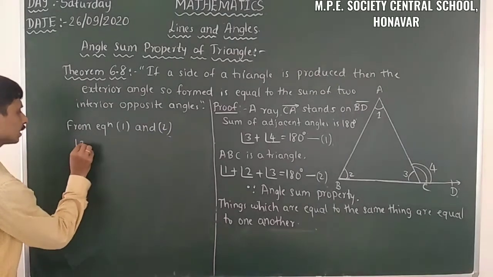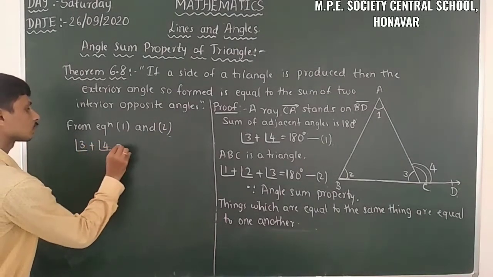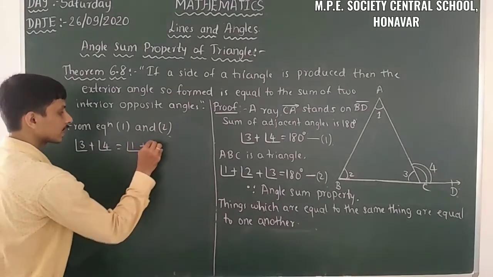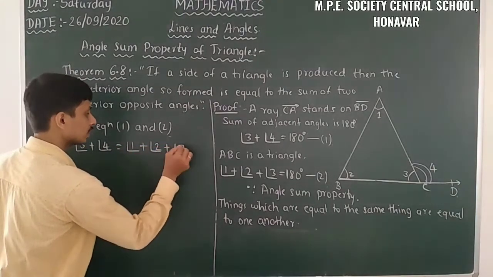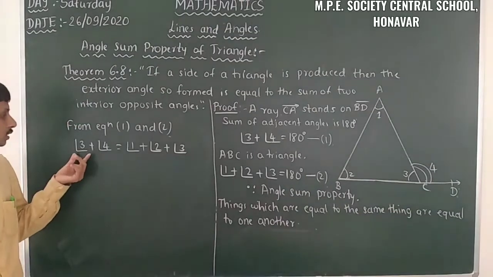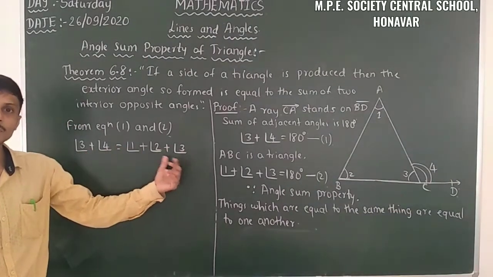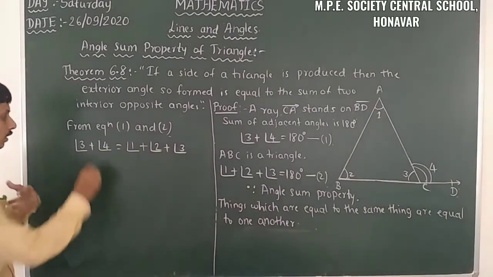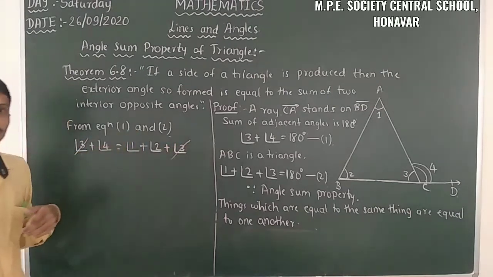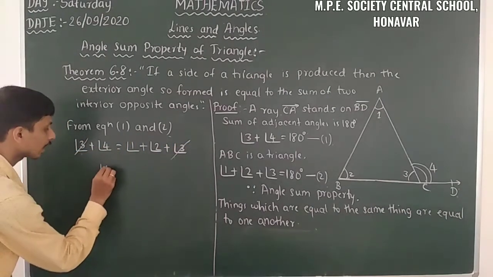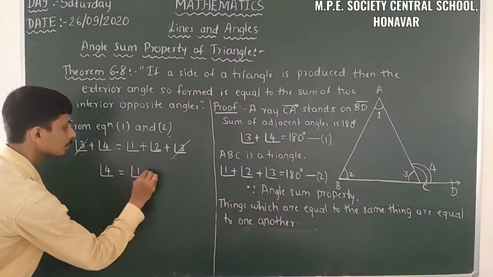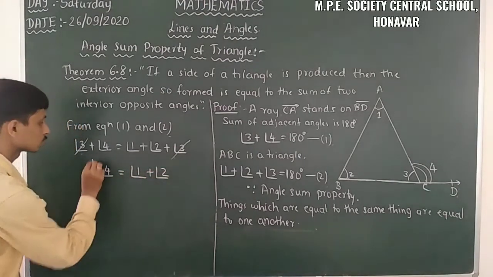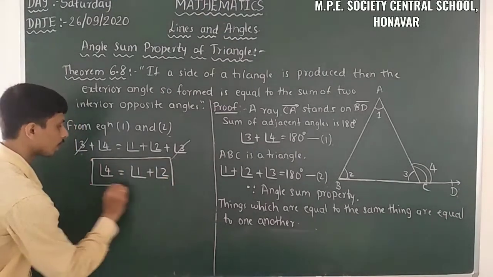That is, angle 3 plus angle 4 is equal to angle 1 plus angle 2 plus angle 3. When we transpose angle 3 to the RHS, it becomes minus angle 3, so both are cancelled out. Then we have angle 4 is equal to angle 1 plus angle 2. So this is our required proof.